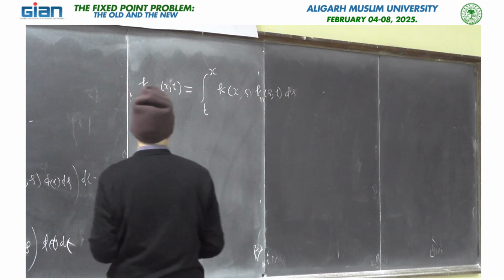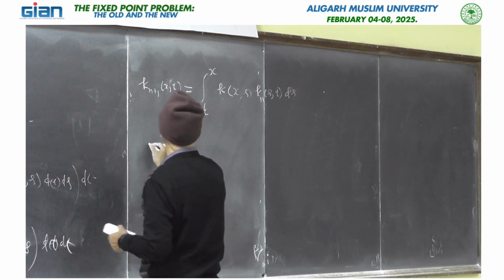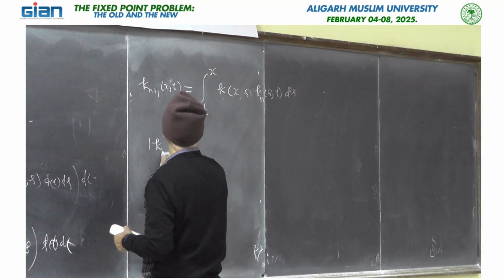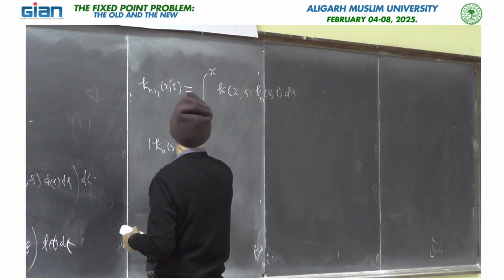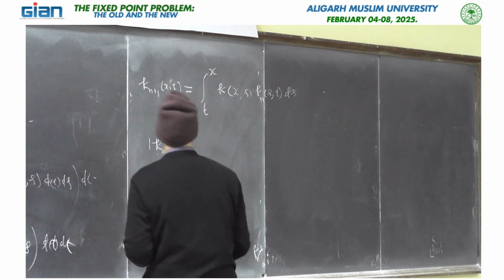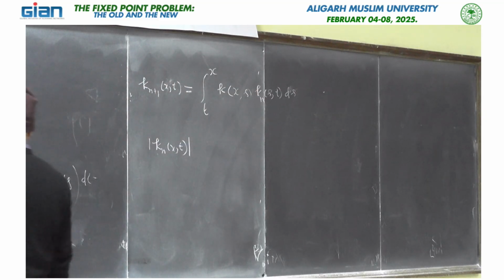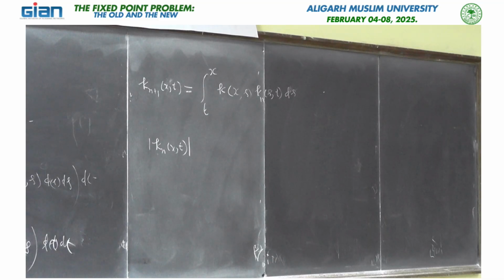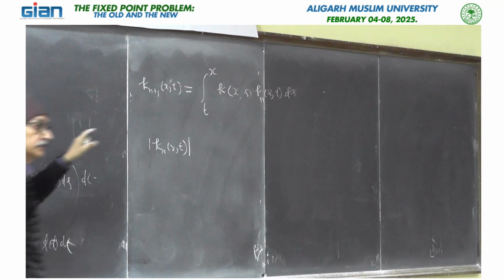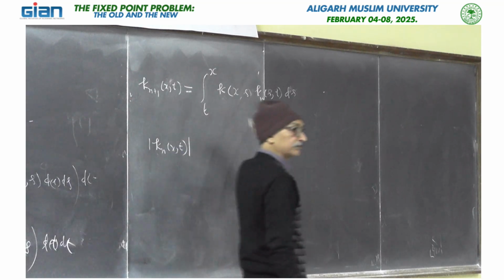So, what we have is the following estimate on K_n(x,t). Let us say that K(x,t) is a continuous function, the original kernel. Later on we will relax that and take the general L2 kernel.